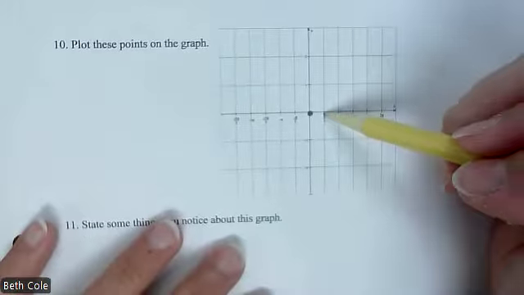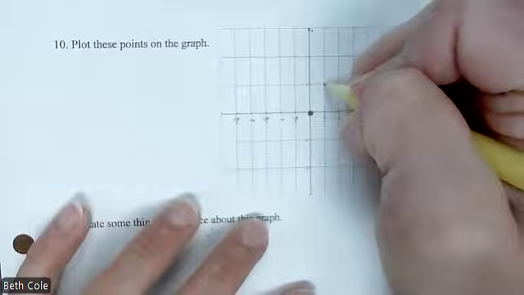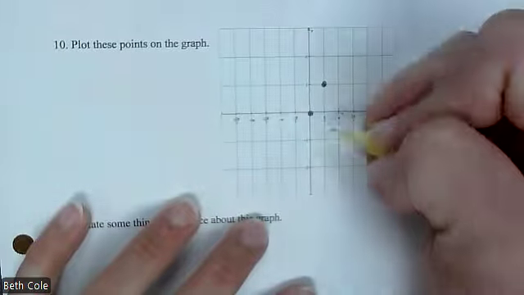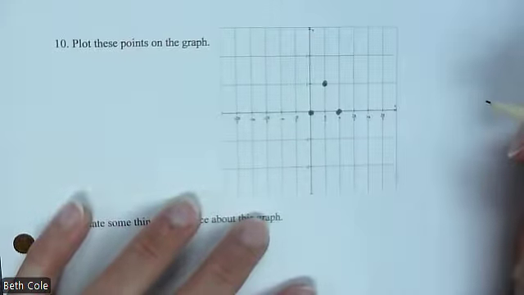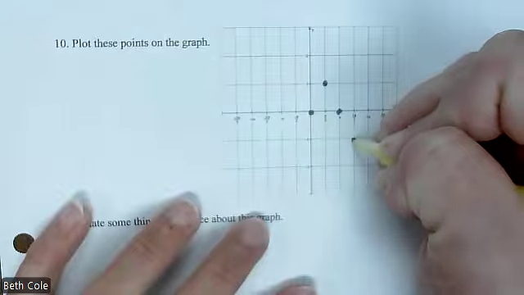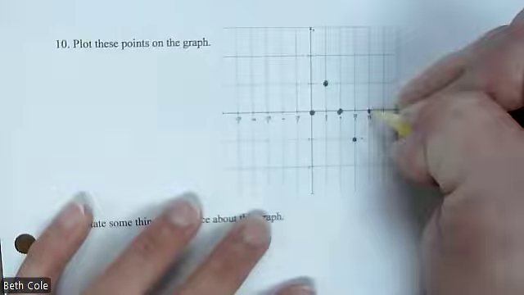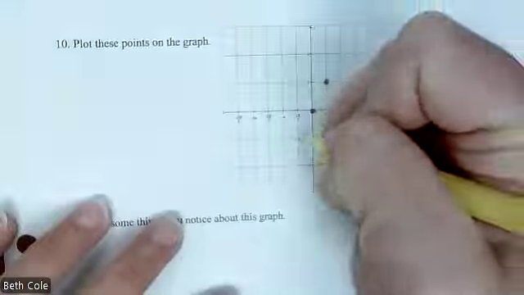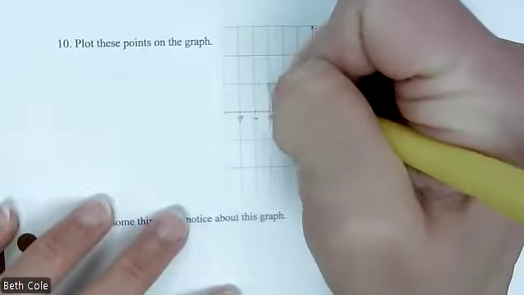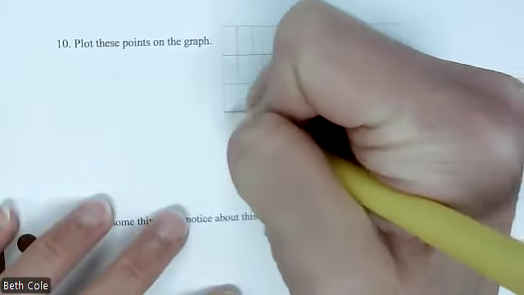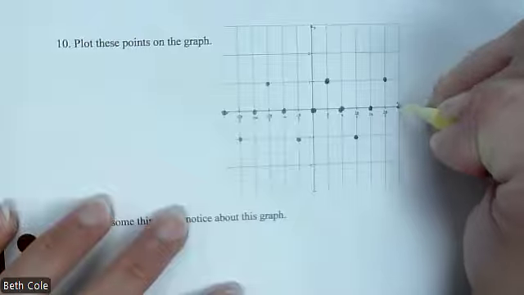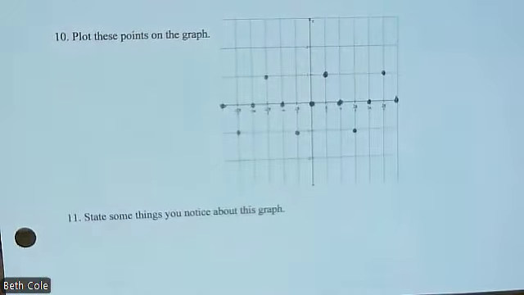What is your point for pi over 2? 1. It's 1. And then you're back to 0. And then down to -1. And then back to 0. And then we went around the circle backwards. But my hope is that at a certain point, your pattern instinct will kick in and you will go, oh, I can just continue this.